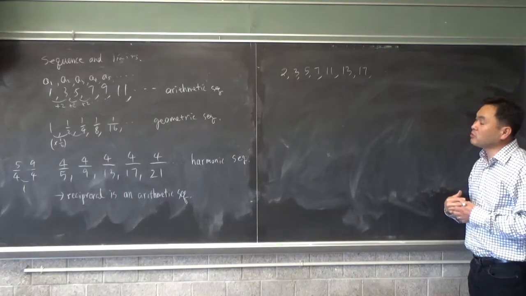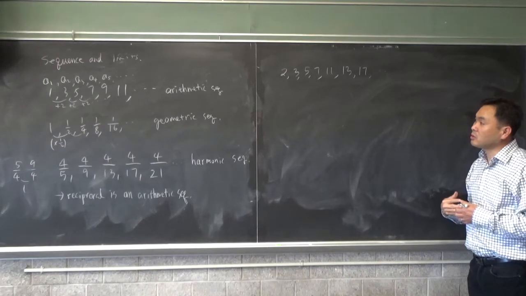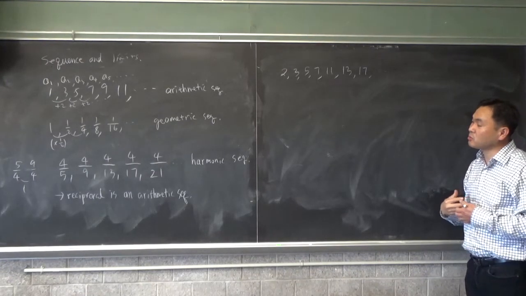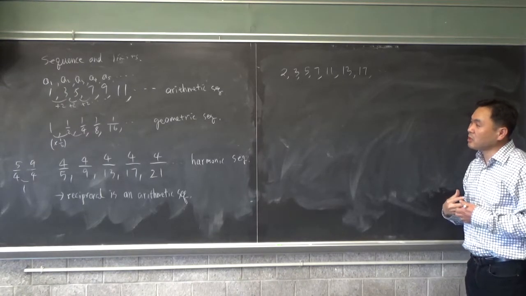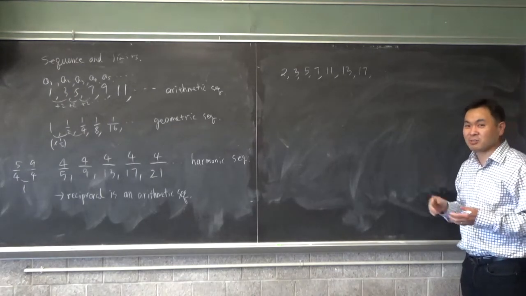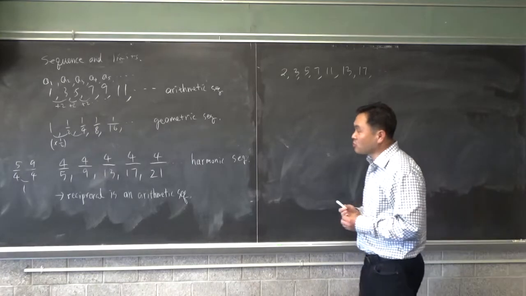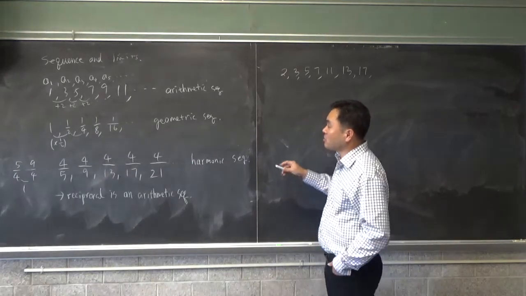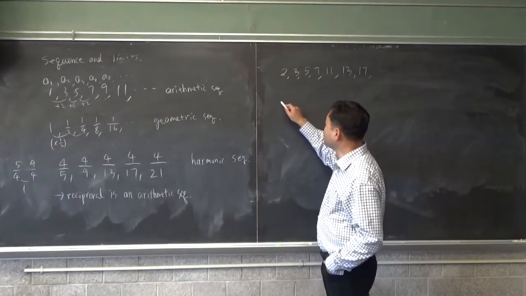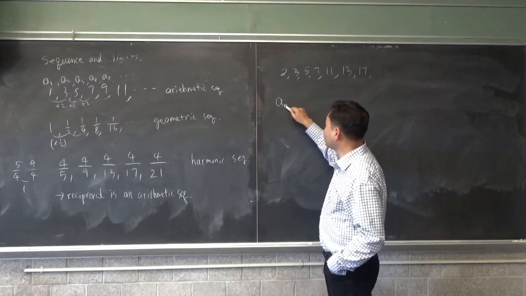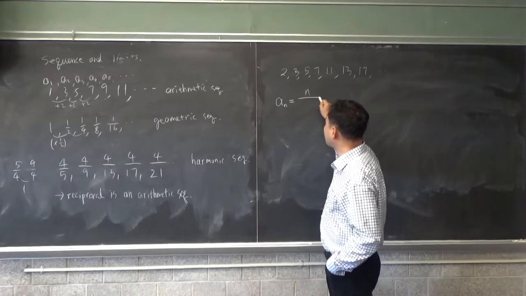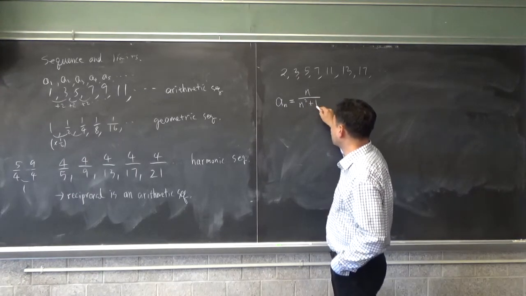So what about sequences? We're also interested in the ways that you can define sequences. Mainly there are two kinds when it comes to infinite sequences. One would be explicit functions. Let's say you have a_n given as n over n squared plus 1.